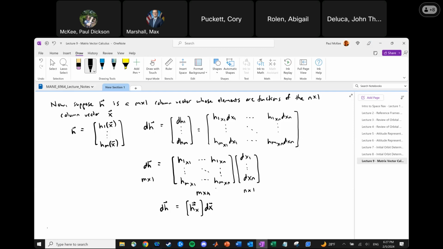Or the punchline, which is going to be very important for us moving forward: the derivative of an m by 1 column vector with respect to an n by 1 column vector. So the derivative of a vector with respect to a vector is an m by n matrix.